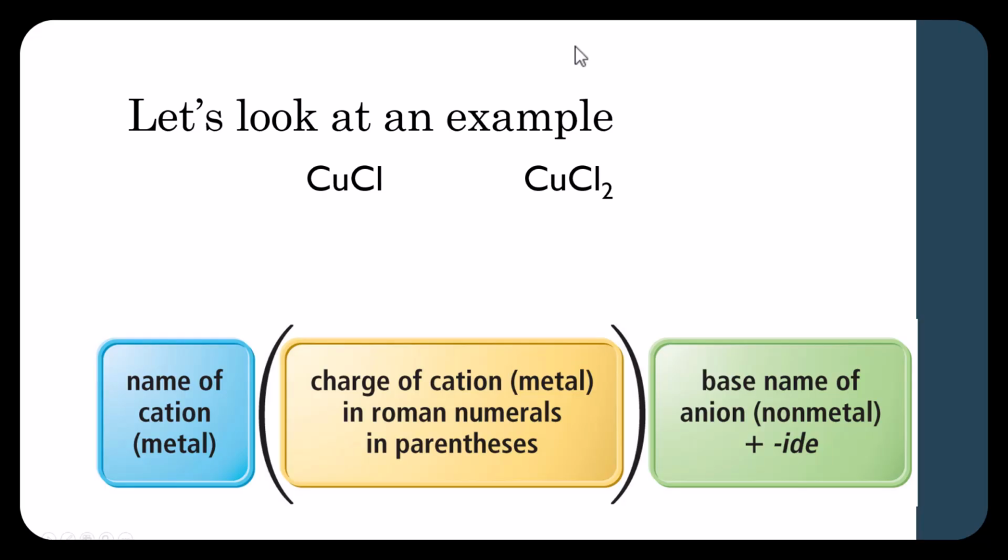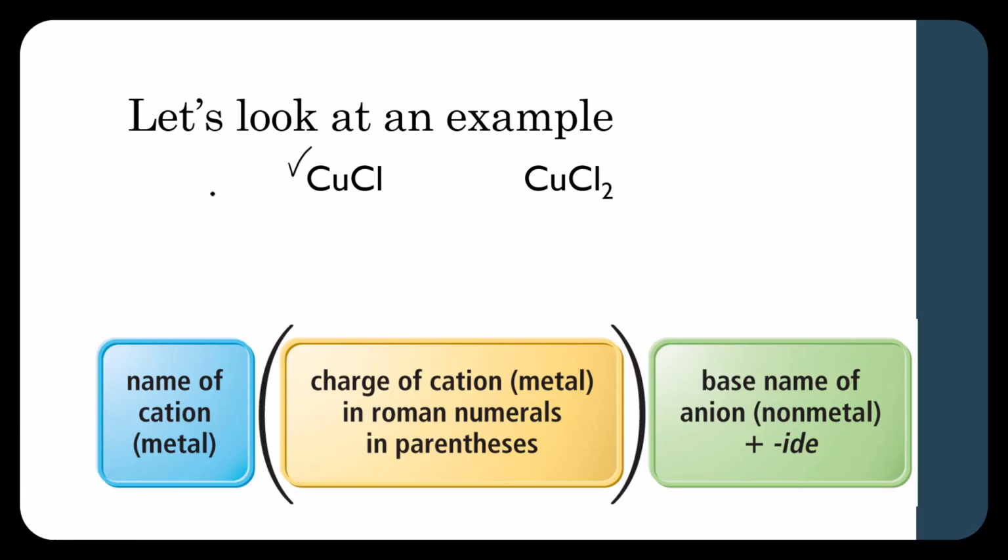Both of these compounds exist. In one of them, copper is attached to 1 chlorine, and in the other one, copper is attached to 2 chlorines. Both of them are viable compounds. Let's write the name of them. We're going to do the one on the left first.